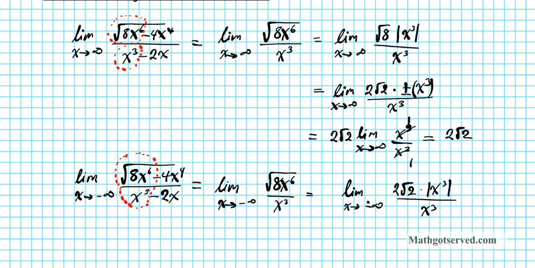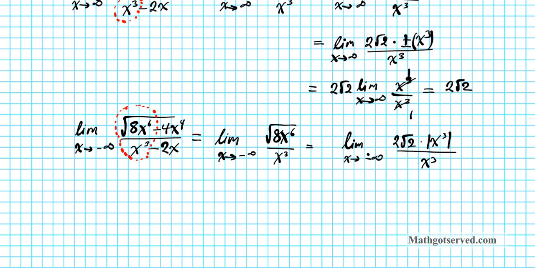Okay? All right, now what we're going to have next, let's use a constant property of limits. So you can factor out the constants because it's independent of where x is going. So 2 root 2 times the limit as x approaches negative infinity of plus or minus x to the third over x to the third. Okay? Now since you're going to negative infinity, this absolute value is going to take the negative sign.